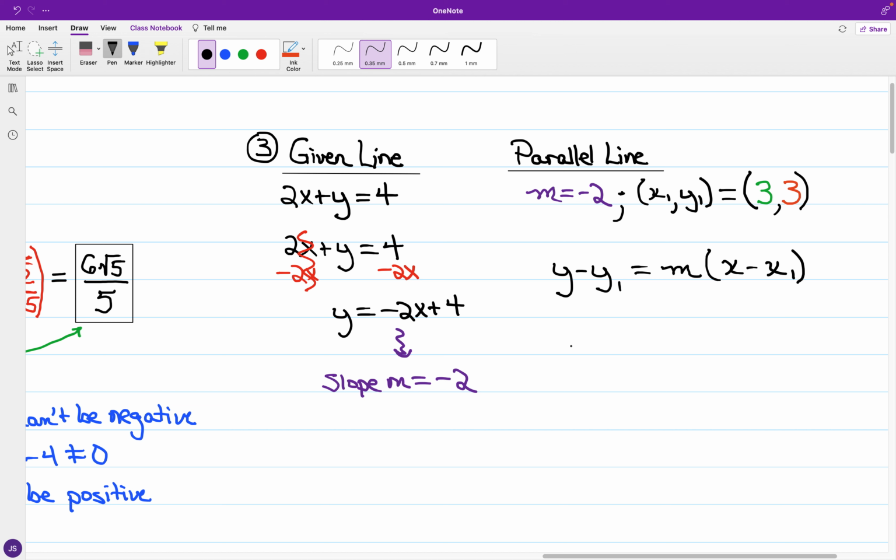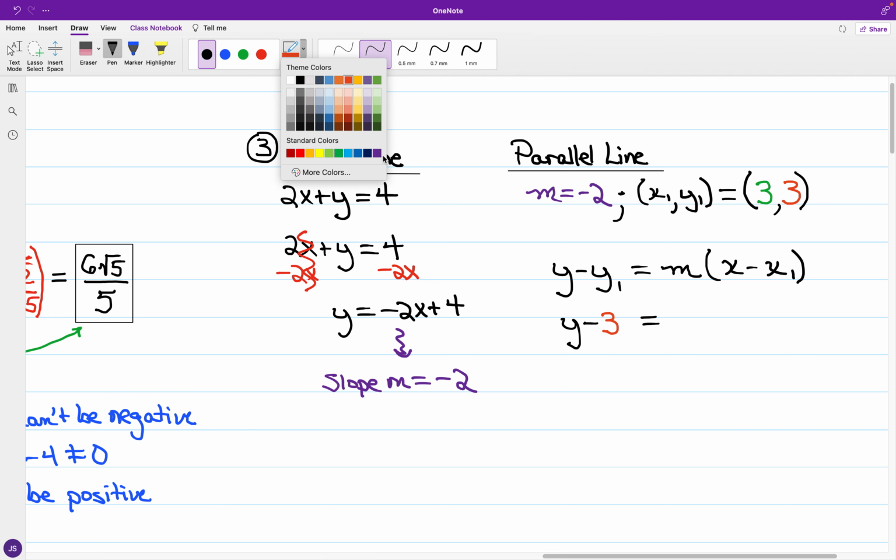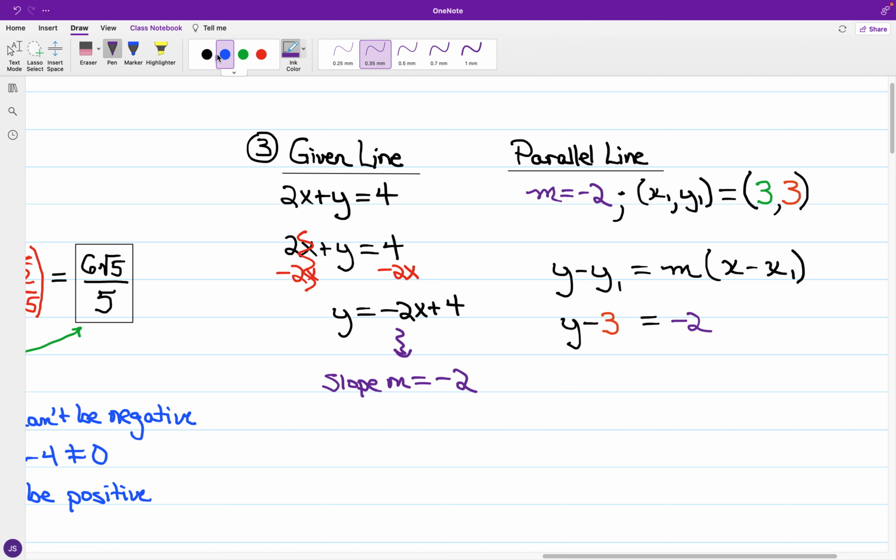Upon substituting, for y minus y1 we have y minus 3 is equal to the slope m, which is negative 2, times the quantity x minus x1, so that's going to be x minus 3.